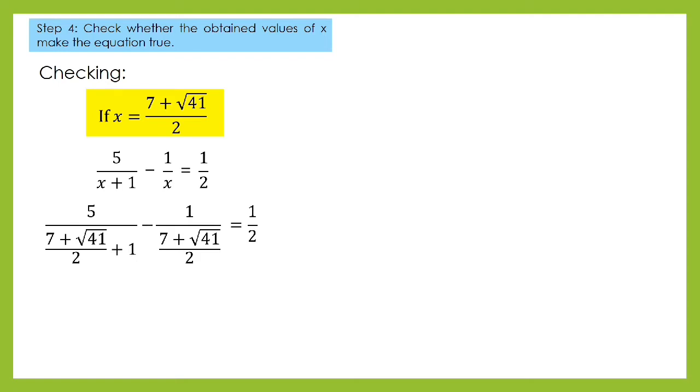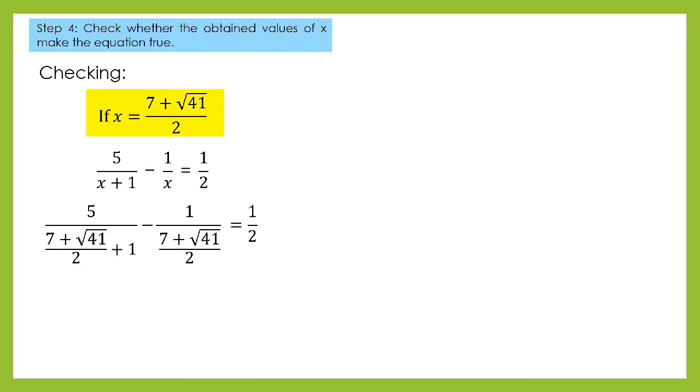So, we have 5 over, our x is 7 plus square root of 41 all over 2, plus 1 minus 1 over, our x is this again. So, this is what we used, equals 1/2. Will these two equal 1/2?